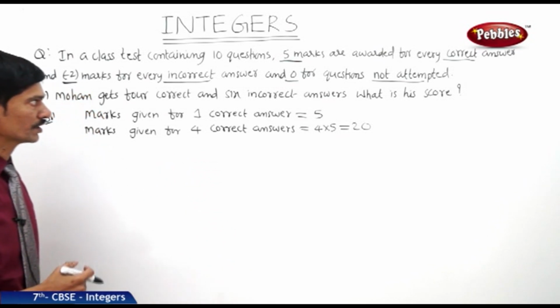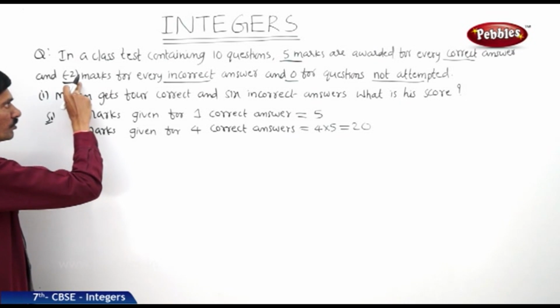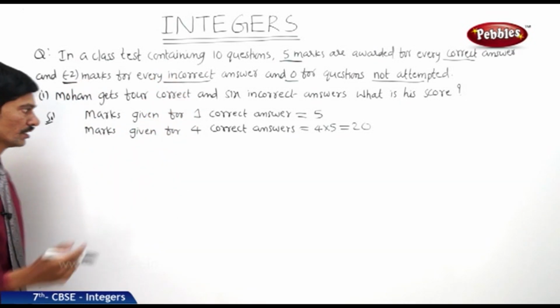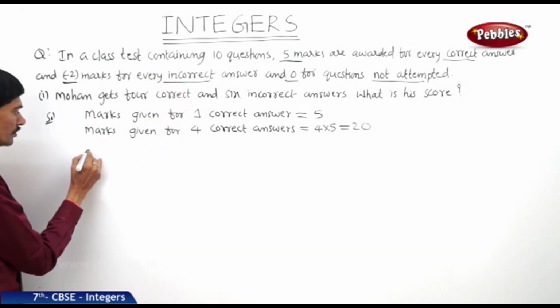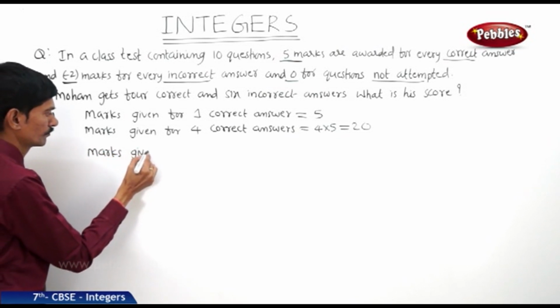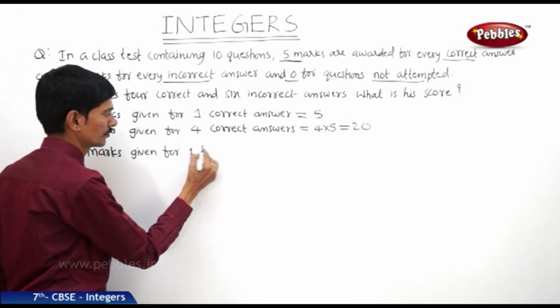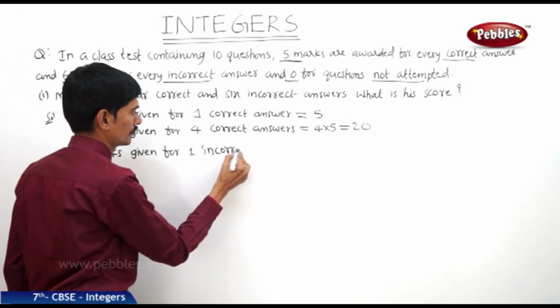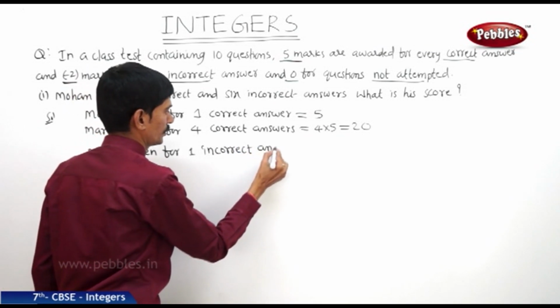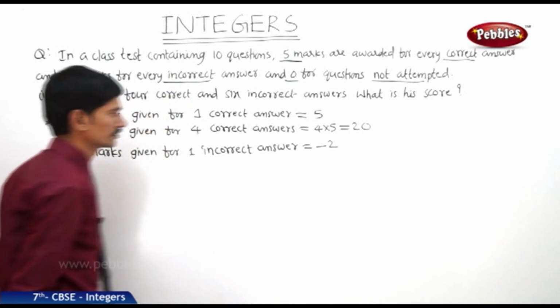How many marks are given for every incorrect answer? So we know that it is minus 2 marks for every incorrect answer. Now we will write the statement, marks given for one incorrect answer equals minus 2 marks.